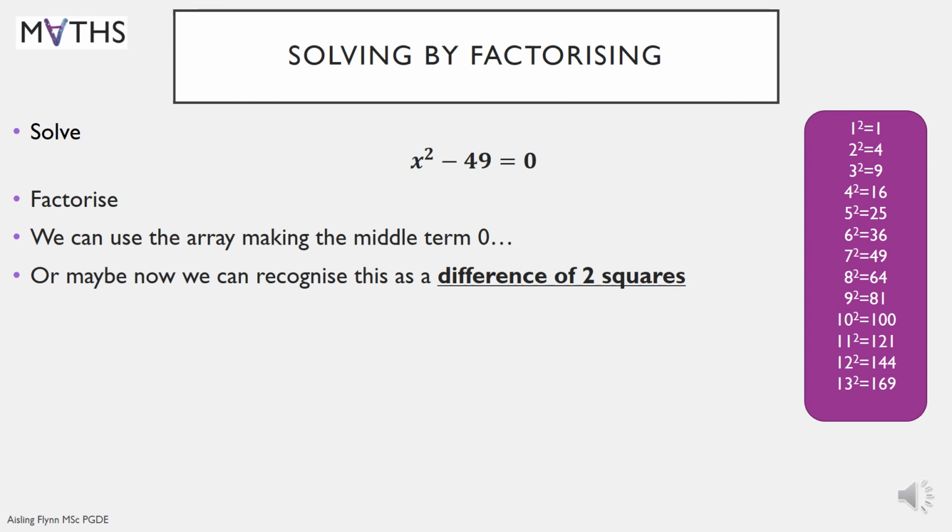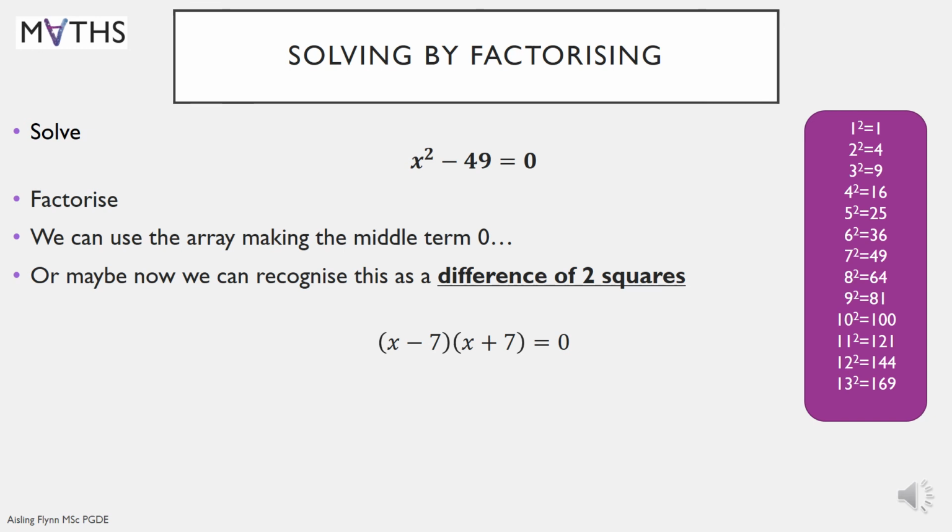Now, when you get good at recognizing them, you don't have to show any work, you can immediately write down your factors. Remember the factors for this type are exactly the same, but one will have minus and one will have plus. So I can write straight away that the factors are x minus 7 multiplied by x plus 7.